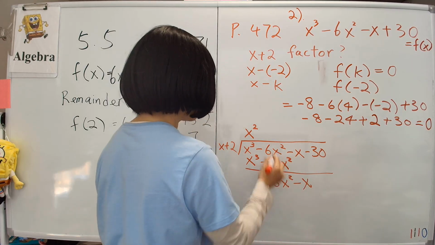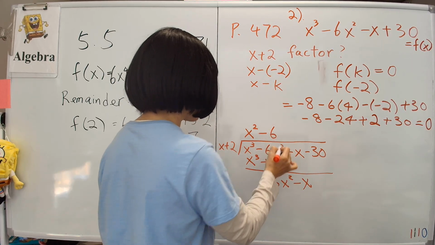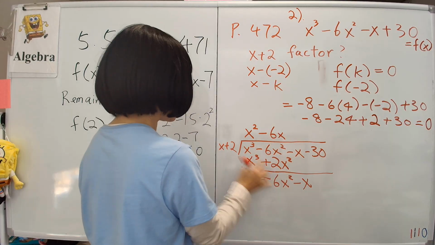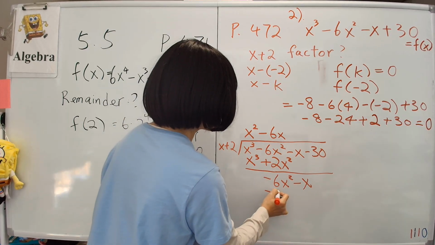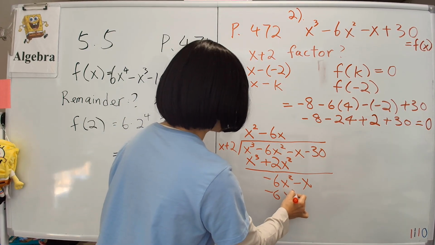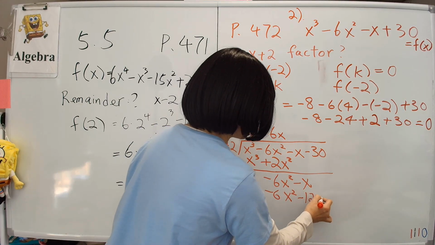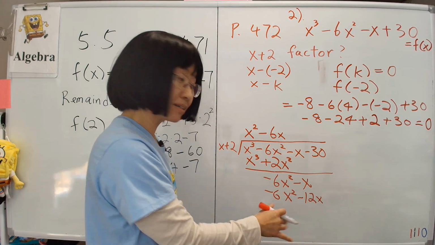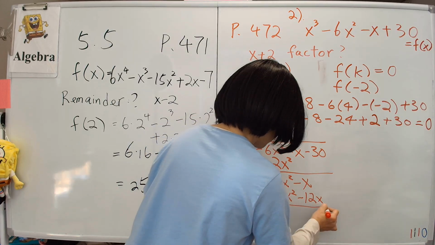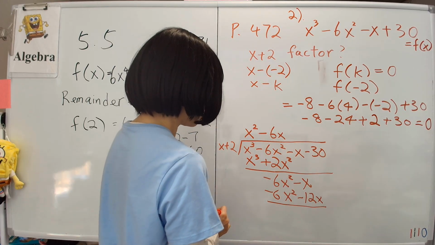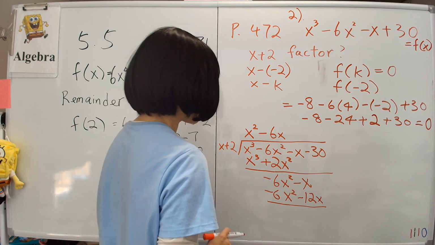That will be minus 6x times x, which becomes minus 6x squared, and then minus 12x. And this thing had better come out with remainder 0. If it isn't, that means there is a big problem. I think I'm already seeing a big problem. Let me check.